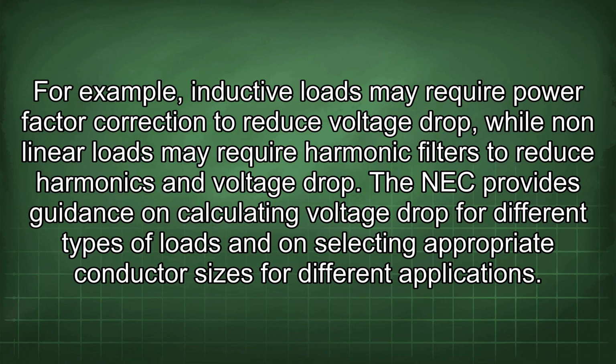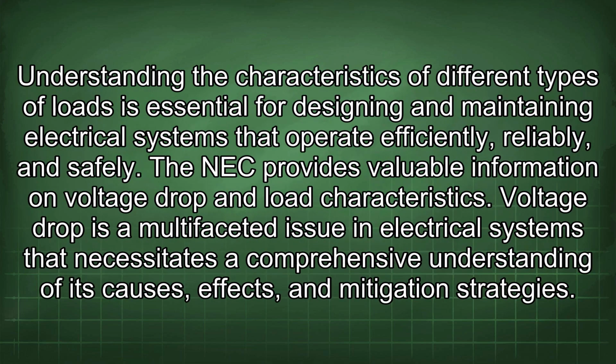The NEC provides guidance on calculating voltage drop for different types of loads and on selecting appropriate conductor sizes for different applications. Understanding the characteristics of different types of loads is essential for designing and maintaining electrical systems that operate efficiently, reliably, and safely. The NEC provides valuable information on voltage drop and load characteristics.